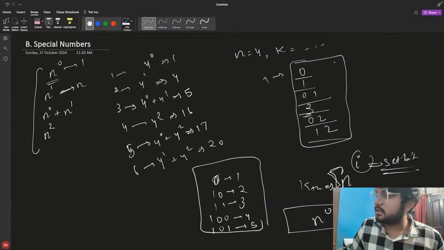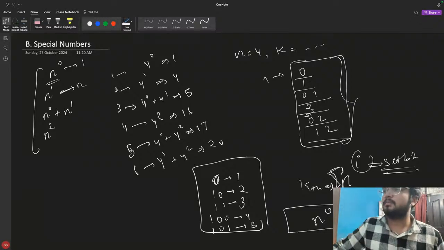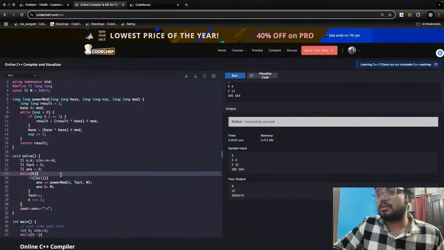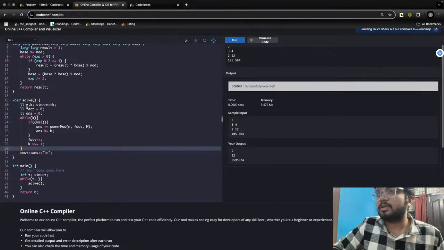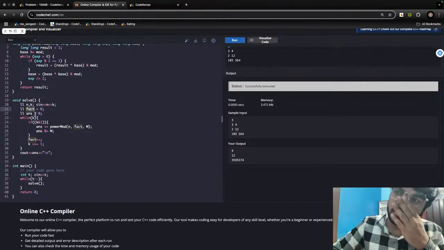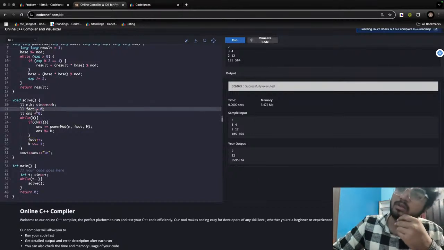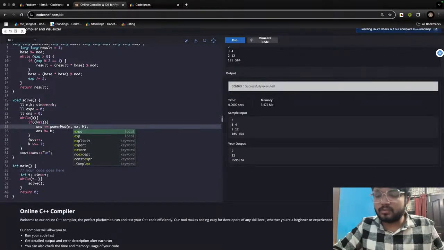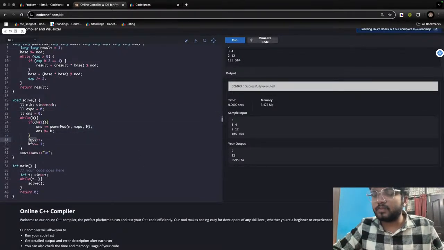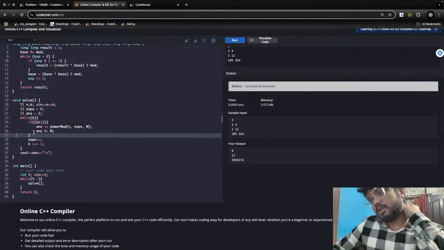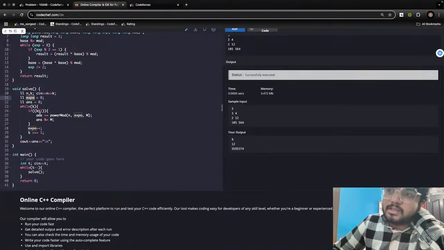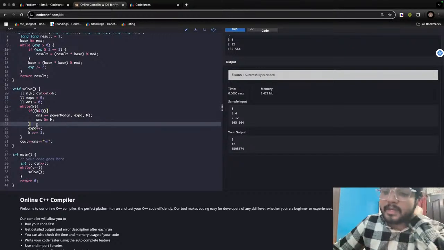We just needed this intuition in this problem, and now we can directly implement it. We take the input n and k, and we start with the exponent equal to 1, or rather 0. We are checking which bit is set.